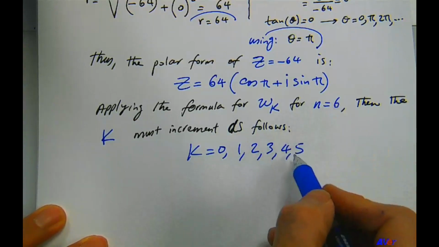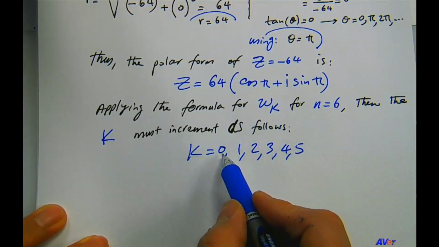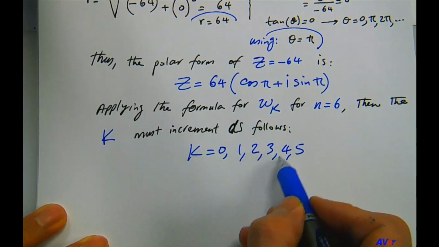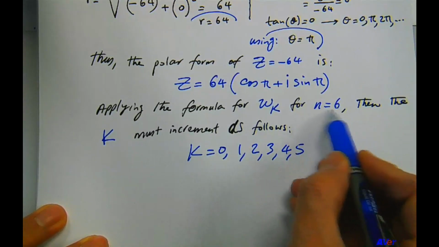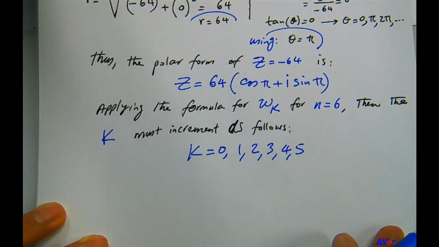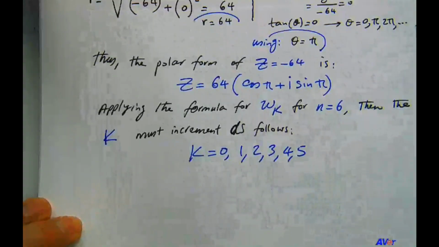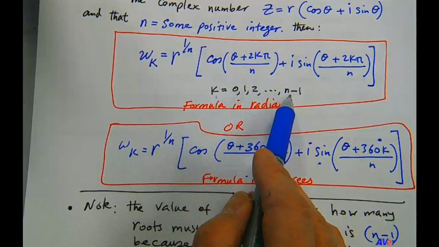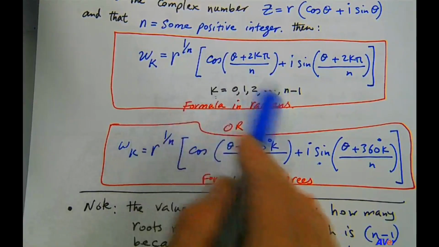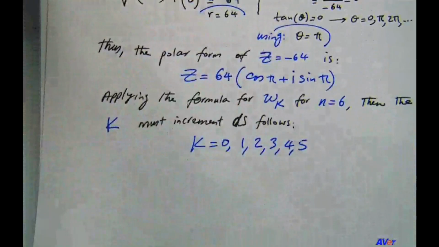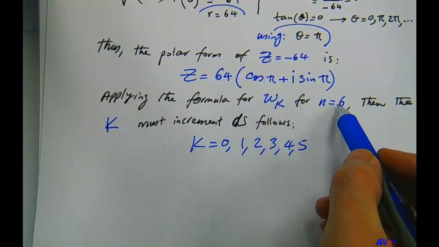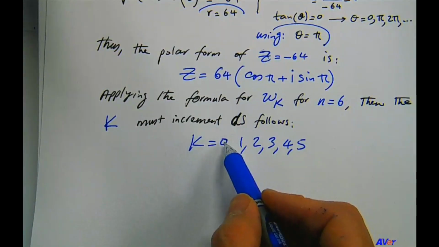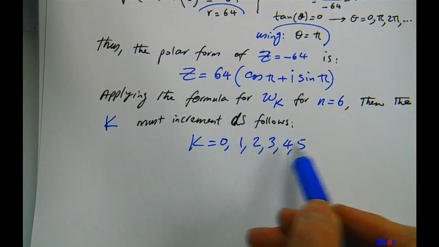We have to stop at 5 because that's 1, 2, 3, 4, 5, 6, which is the number of roots we're looking for. That's why in that slide we said that k must be incremented from 0, 1, 2 all the way to n minus 1 to find the number of roots we're looking for.